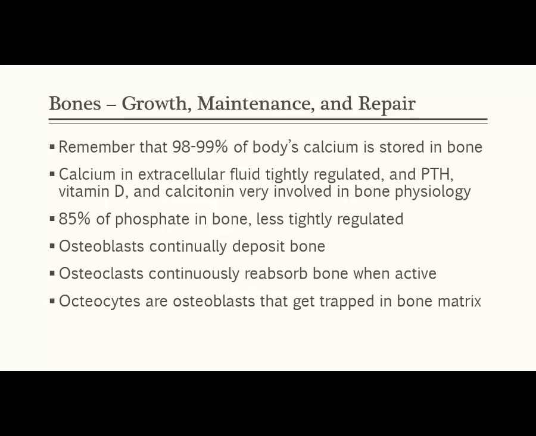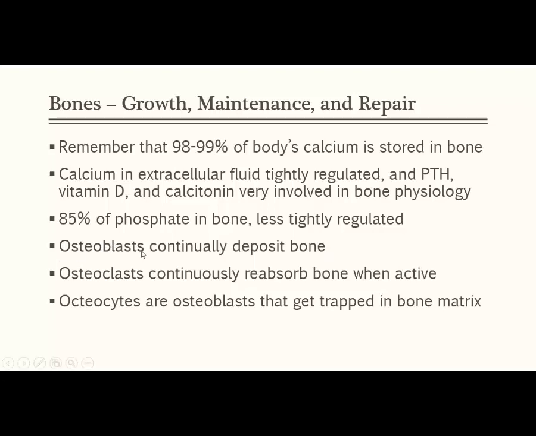There are cells that are called osteoclasts, and osteoclasts are reabsorbing bone. So there's a non-stop balance between the deposition of bone and the reabsorption of bone. And sometimes the osteoblasts are more active, and sometimes the osteoclasts are more active.